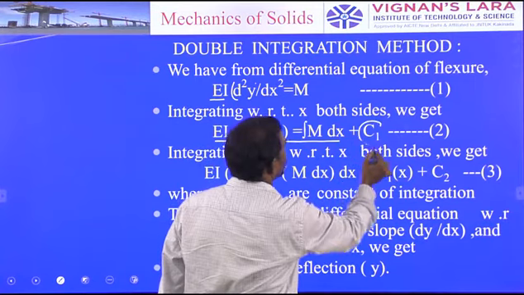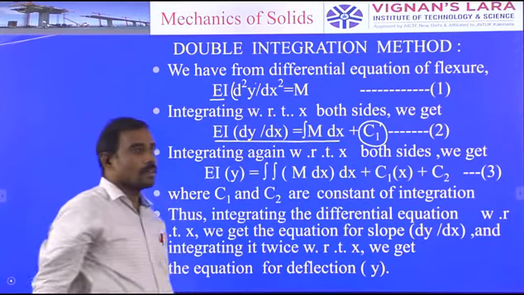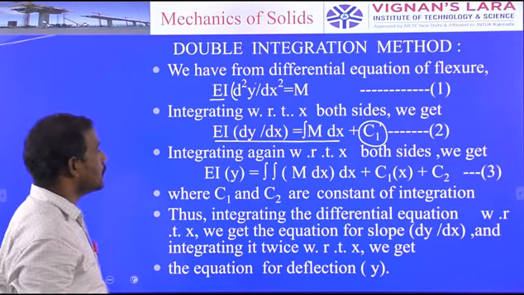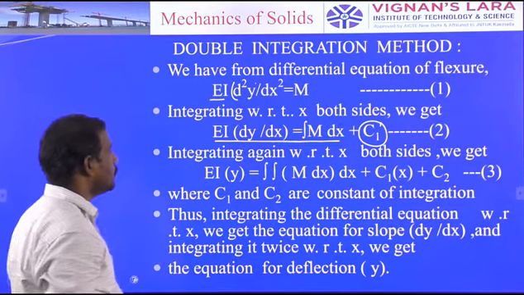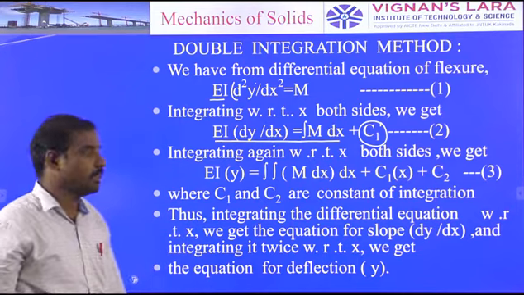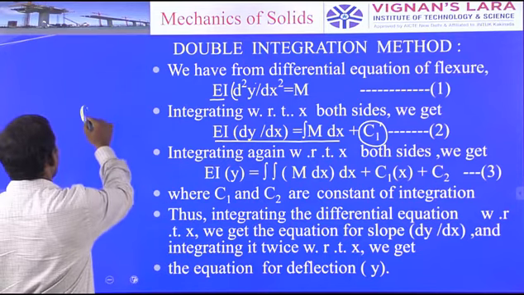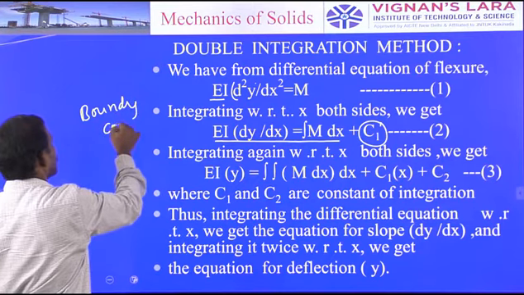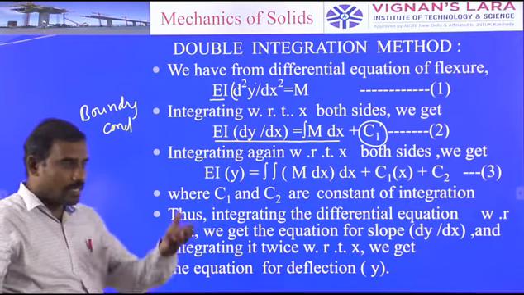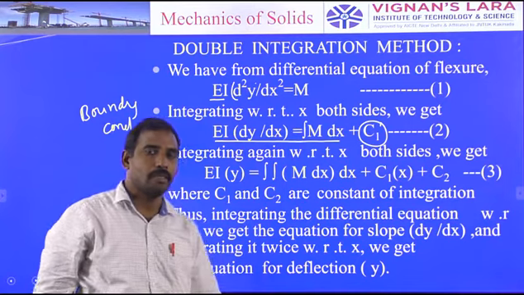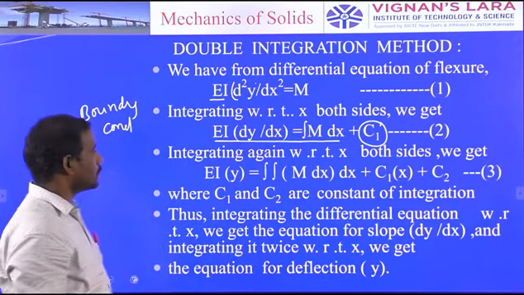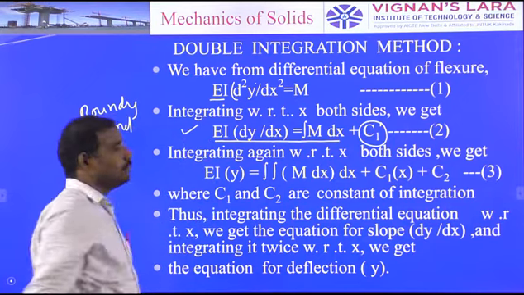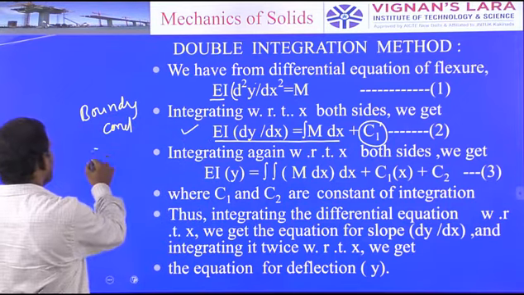Here we have to concentrate on the constant of integration, C1. That is obtained by imposing the boundary conditions. We should always be familiar with the boundary conditions: what is the slope at a particular point, and what is the deflection at a particular point. From equation number 2, we get dy by dx.